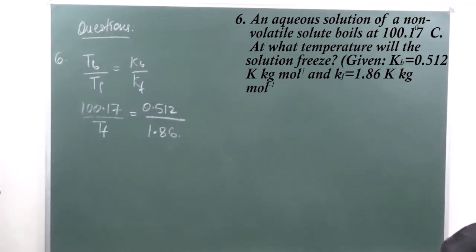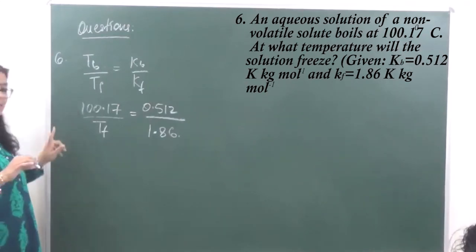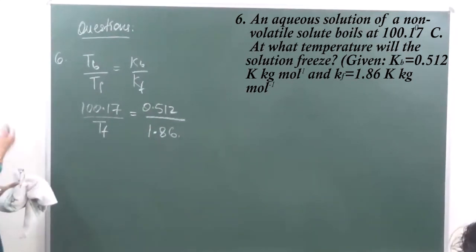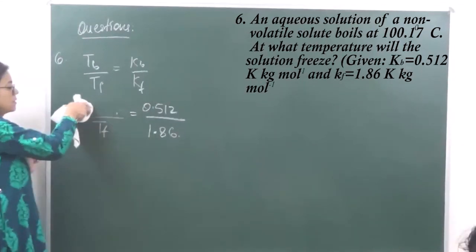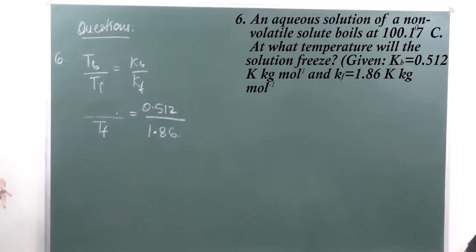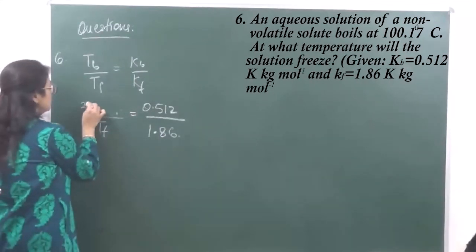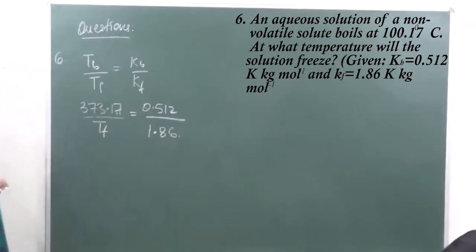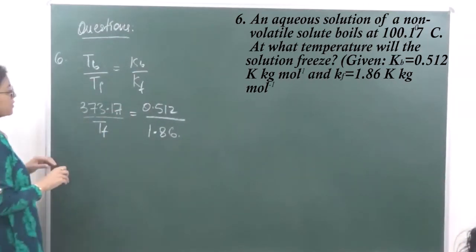Okay, but over here KB and KF are given to us in Kelvin kg per mole. So we have to convert this into Kelvin. So if we convert to Kelvin, this will come equal to 373.17. TF you can calculate from here.